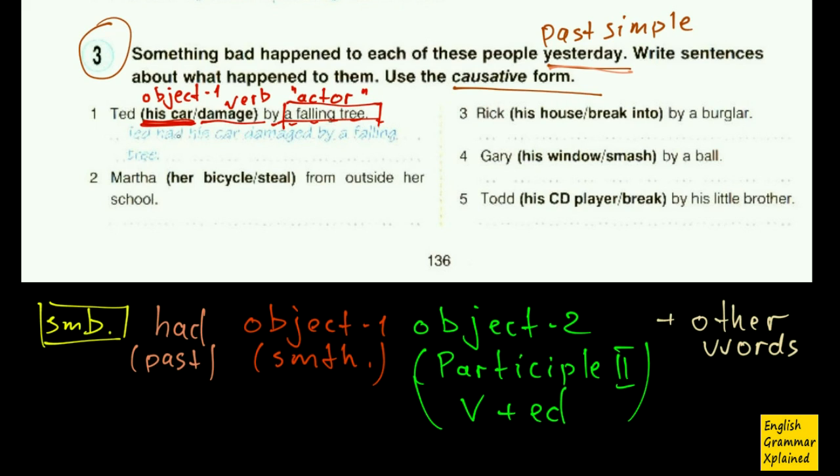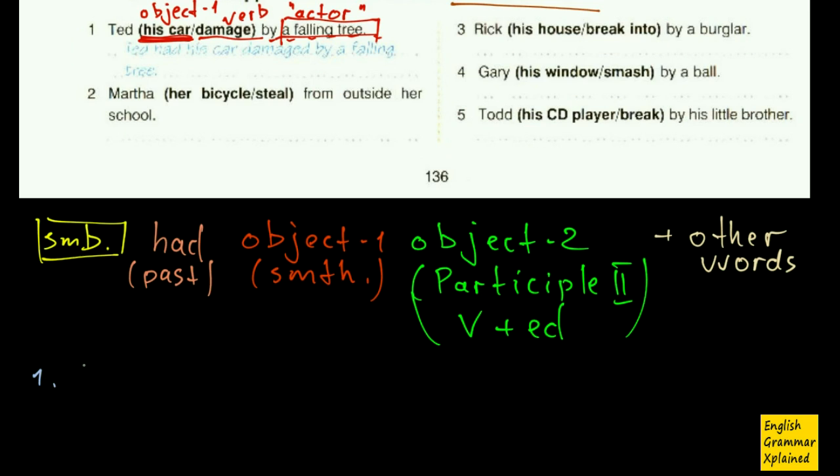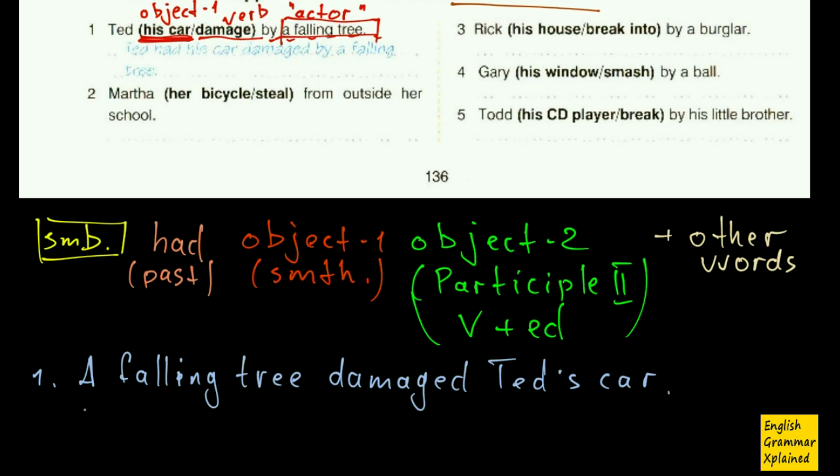Actually, I have 3 ways of saying it. First, a falling tree damaged Ted's car. That's the simplest way to say it. It's informal, it's easy, it's very practical. As usual, we talk like this.